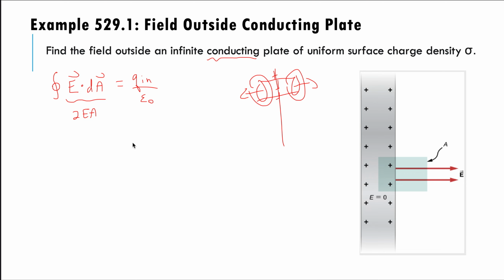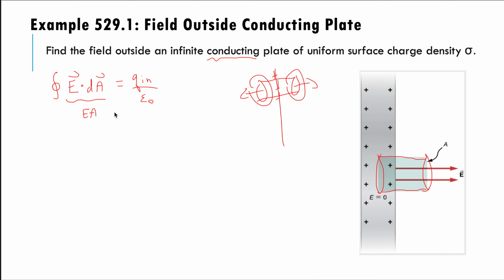But in this case, when we construct our Gaussian surface, let's say it's a cylinder here, and we're trying to find a field right outside this conductor, the field over here is going to be 0 because we're inside the conductor. So now the total flux through our surface is not going to be 2EA. For the conductor, it's going to be EA.